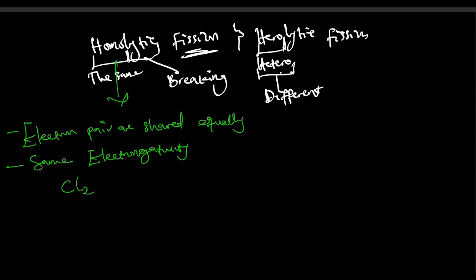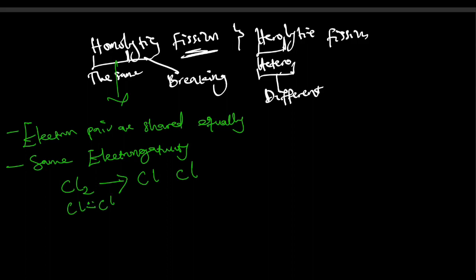Let's say something like Cl2, for instance. If this should undergo a fission generally, it will be a homolytic fission. Why? Because it will form Cl and Cl, which have the same electronegativity value.